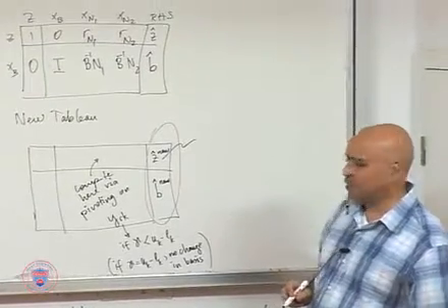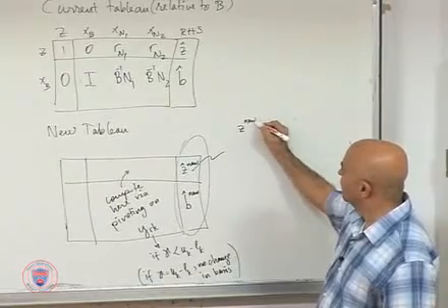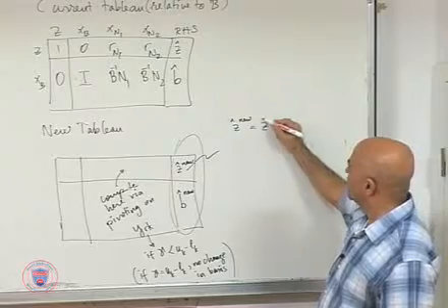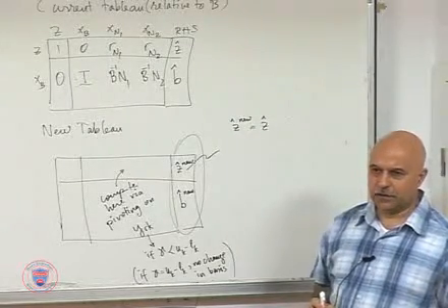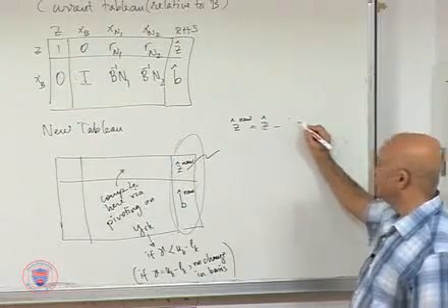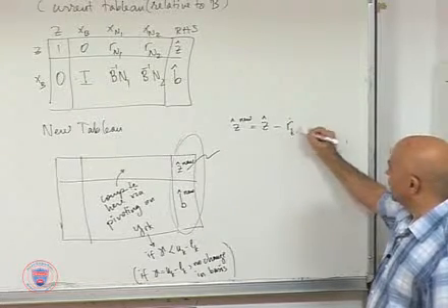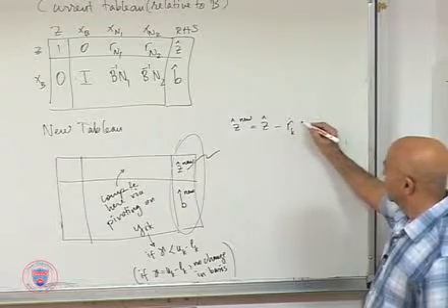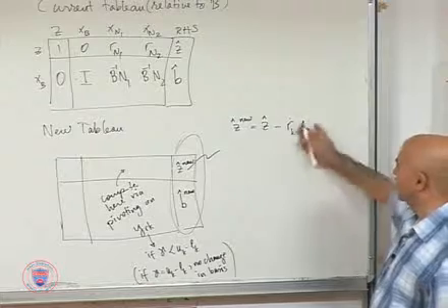How do we update z new? Well, it's simple. It's going to be the old value, which is z cap, which is already computed. And how do we change that? Well, it's rk times delta xk, that is, rk gamma.